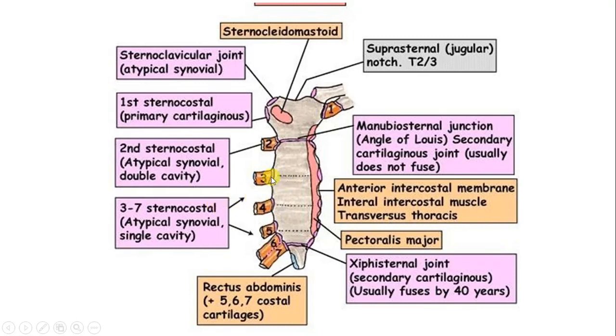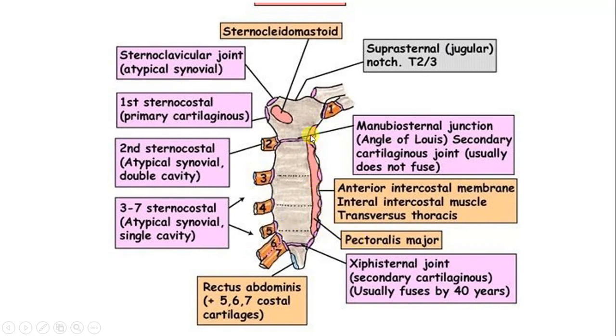We can say sternochondral joints. These joints are sternochondral, but they are synovial. Again, repeating that the first joint of the first rib is primary cartilaginous with no movement. The second one is atypical synovial with a double cavity. Third to seventh are atypical synovial joints with a single cavity.